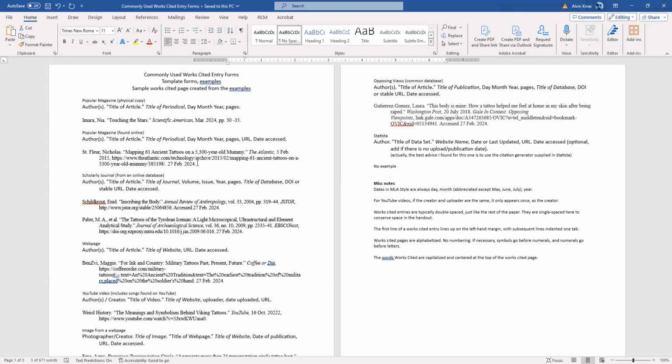Okay, so that's for a popular magazine found online. And you'll notice that these are really very similar to one another. The difference between a popular magazine and a scholarly article goes from title of periodical to title of journal, and journals frequently use a volume and issue number along with the date.